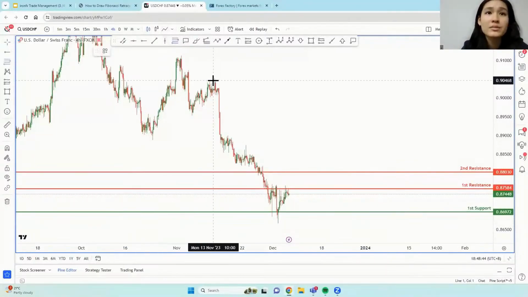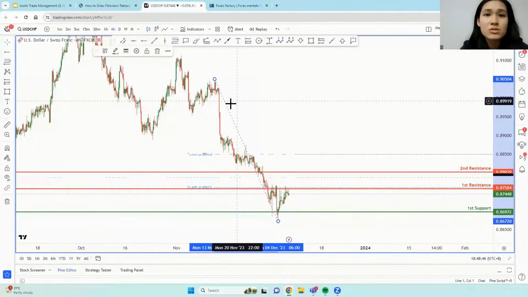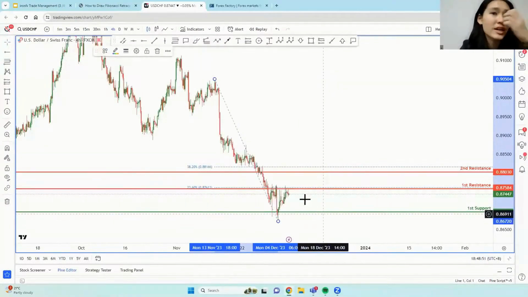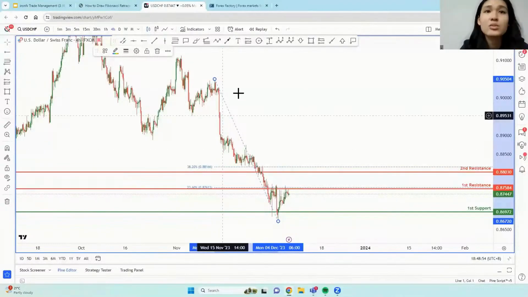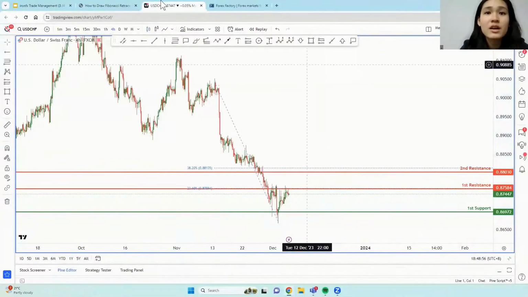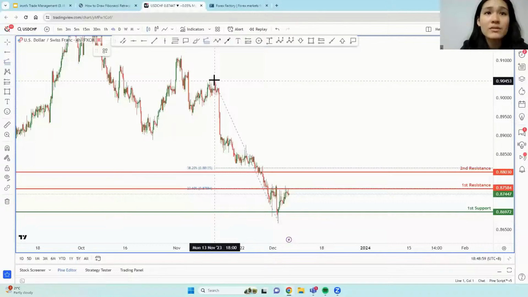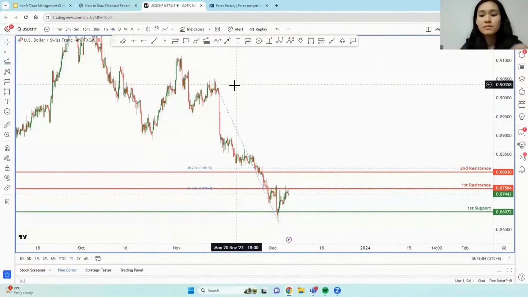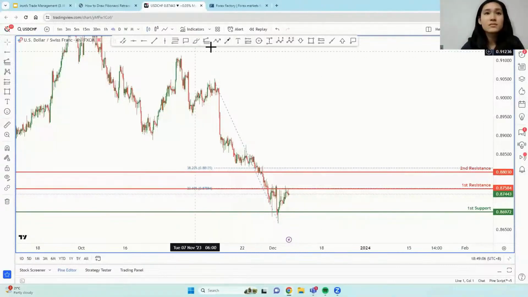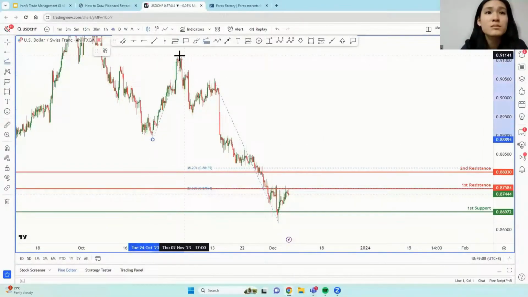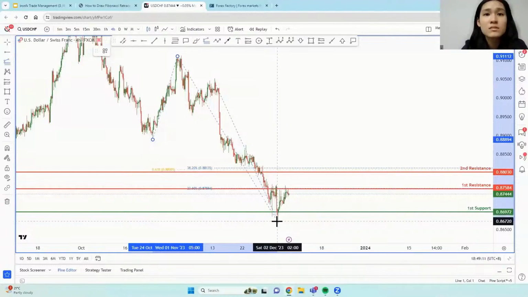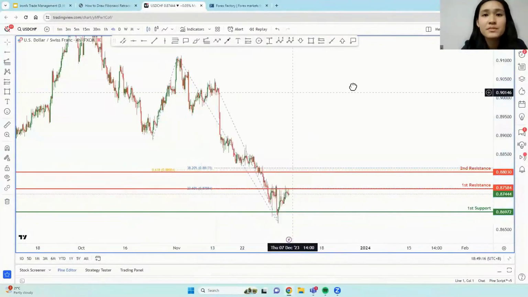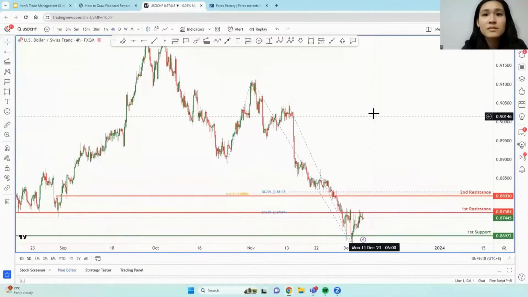Okay, so now I am going to see if I have any retracement levels that line up. Okay, and I have my 23.6 and 30.2. Let's see what else we have. Okay, my 61.8 also lines up nicely.